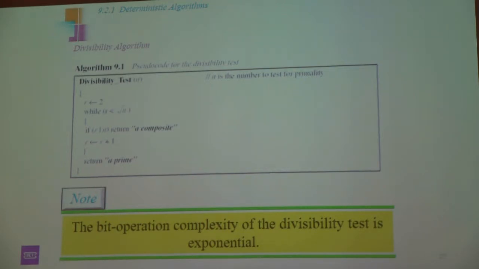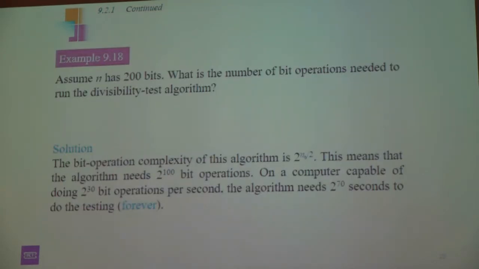Let's take an example here. Assume n has 200 bits. What is the number of bit operations needed to run the divisibility test algorithm? The bit operation complexity of this algorithm is 2 to the power n over 2, where n is the number of bits. So with 200 bits, the complexity is 2 to the power 100.